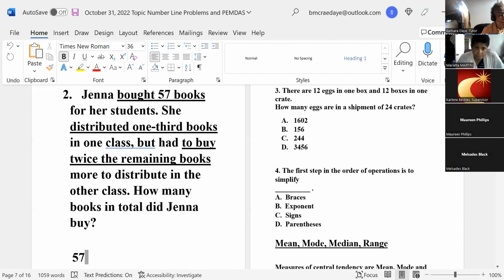So you got 57. What do you do with that 57? You have to find out what is 1/3 of 57. Yeah, that's your first step. So let's just put number 1 here. Step 1: 1/3 times 57. And what's that equal to, Marietta? What's 1/3 times 57?